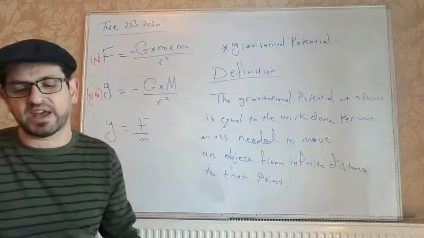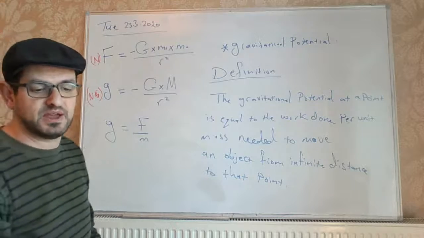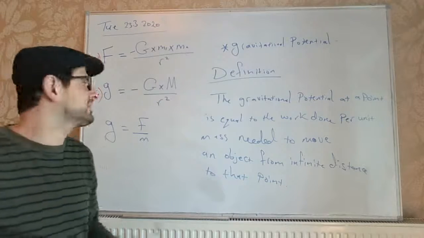Now, this is the definition of the gravitational potential. If you write it in math, it will look like this.